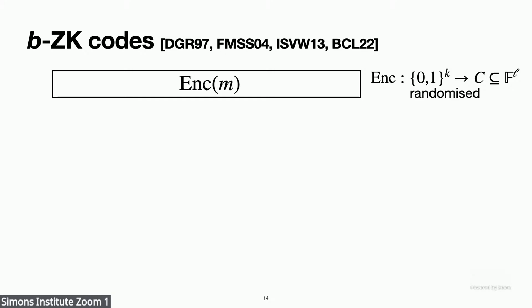So what is a zero-knowledge code? We have some code C, and I have a randomized encoding function. It takes in a message m in {0,1}^k and maps it to some codeword in C. But it's randomized, so it's not a deterministic map.